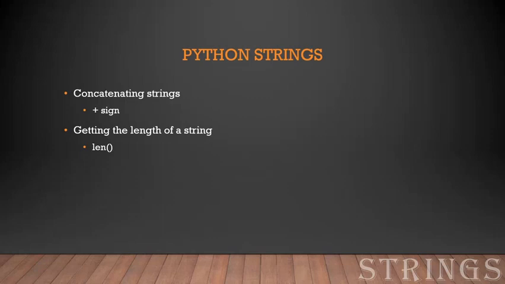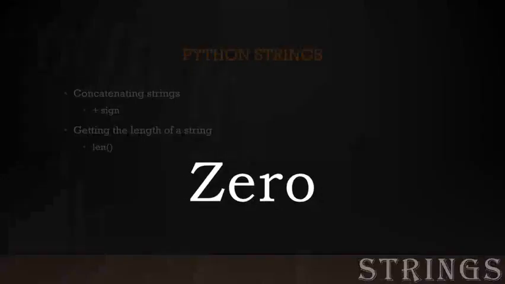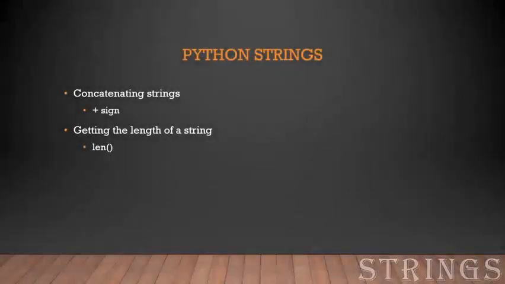An empty string, a string which has nothing, not even a space, has length 0. We'll see an example of that also. We'll have numbers, characters and so on in the strings, we'll also add spaces, and we'll see the example of a string with no characters at all, which is just double quotes opened and closed.